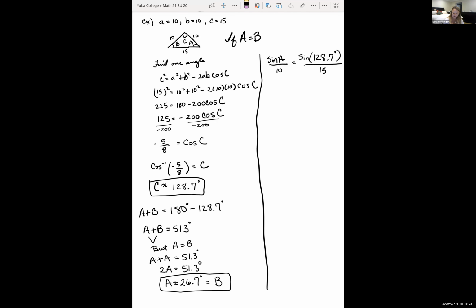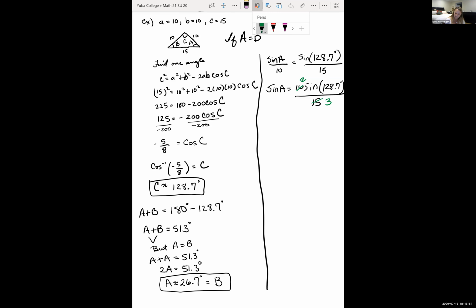So if I multiply both sides by 10, I get sine A equals 10 times sine 128.7, all over 15. Things simplify a little bit. Really don't need to worry about it, but 5 goes into both of those, goes into the top 2 times and the bottom 3 times.